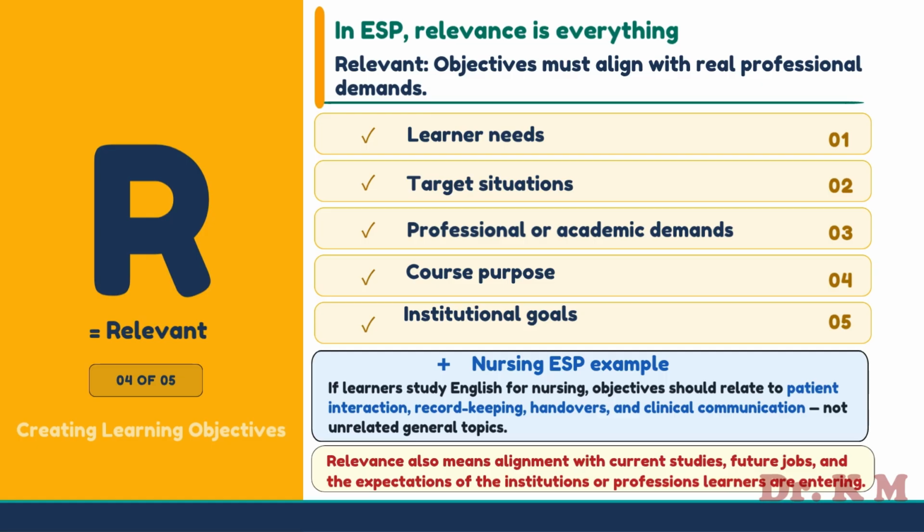If learners are studying English for nursing, then the objectives should relate to patient interaction, record keeping, handovers, and clinical communication, not unrelated general topics. Relevance also means alignment with the learner's current studies, their future jobs, and the expectations of the institutions or professions they are entering.